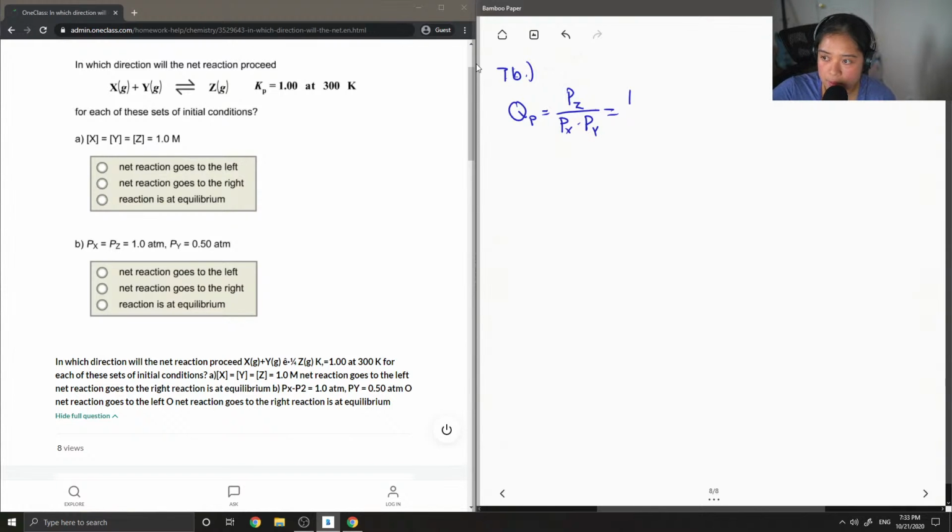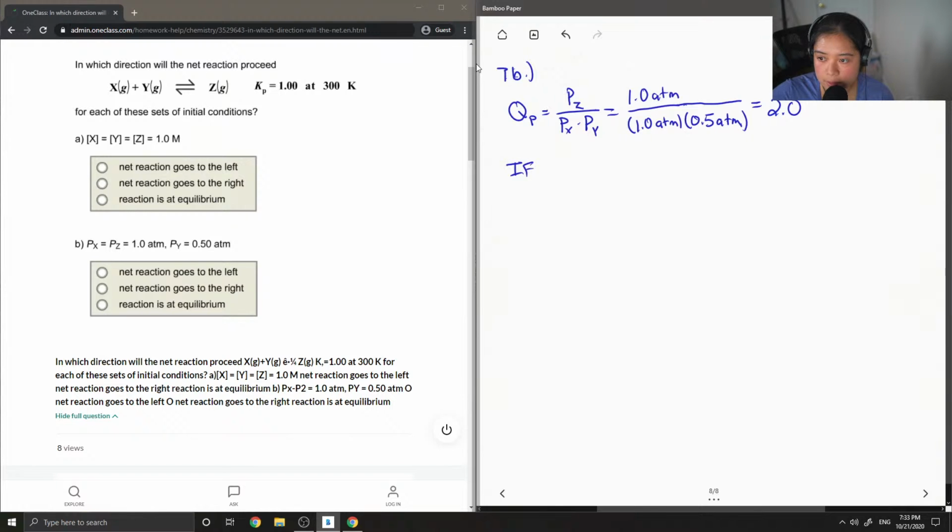So it's going to be 1 over 1 times 0.5 and then you should get a Qp value of 2.